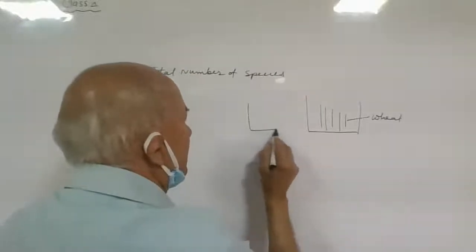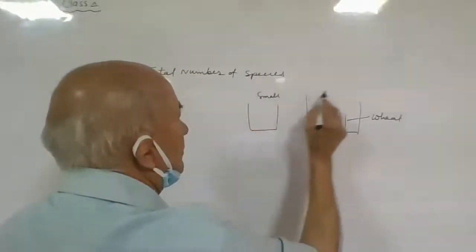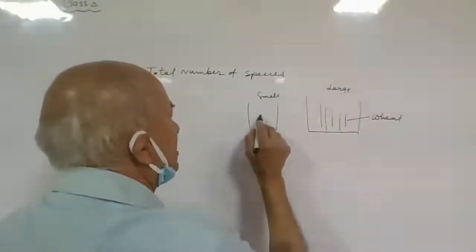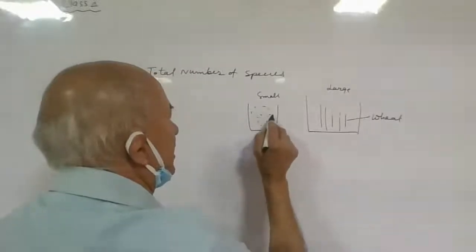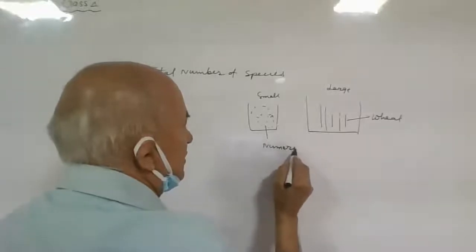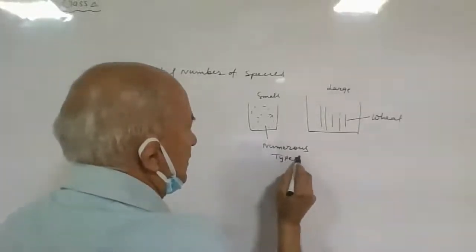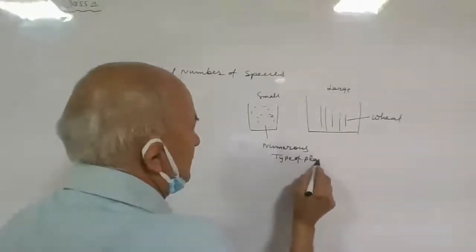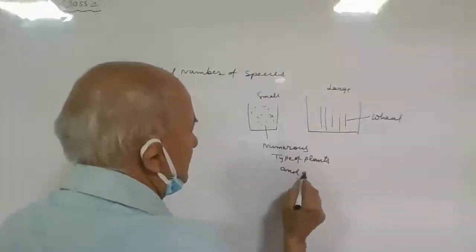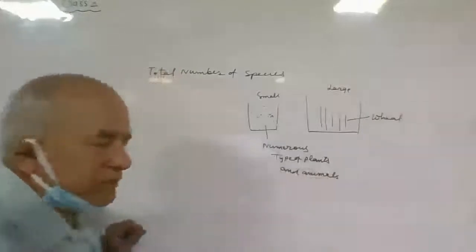Another field is small, but has various types of plants and animals, numerous types of animals.